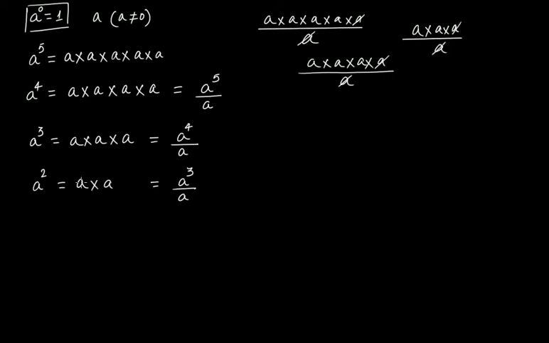A times a. That's exactly here. So a to the power 1 will be what? Exactly a only. But this can be written as a to the 2nd power divided by a. Why? Because a times a divided by a will be actually what? A. That is what here.